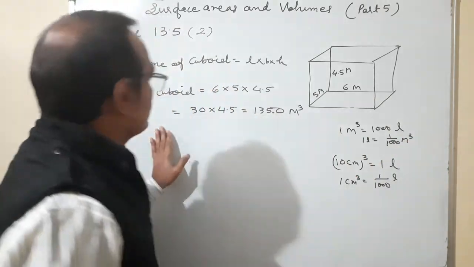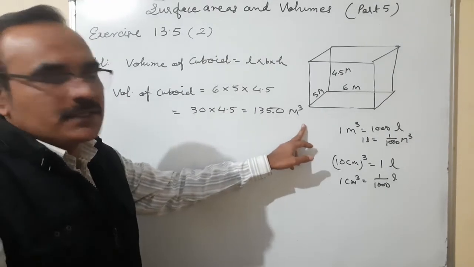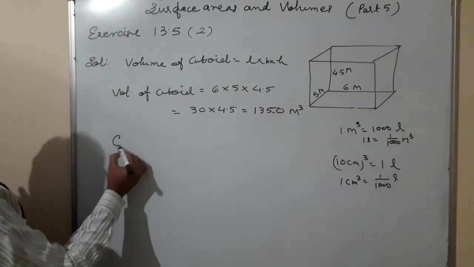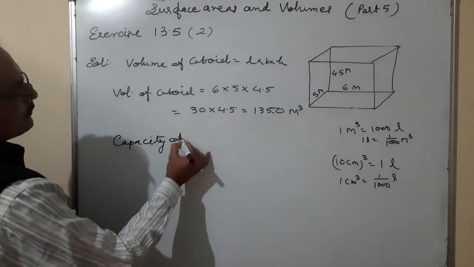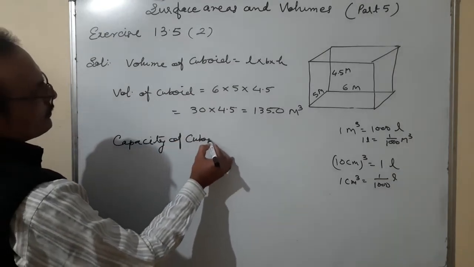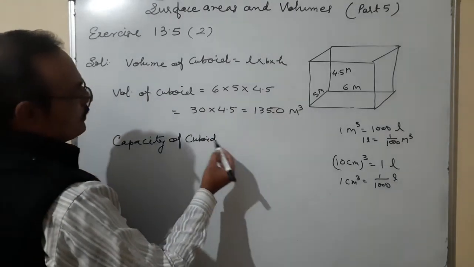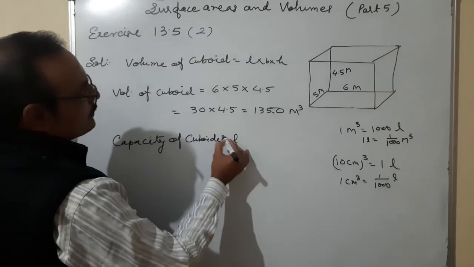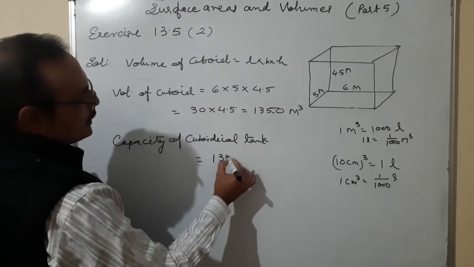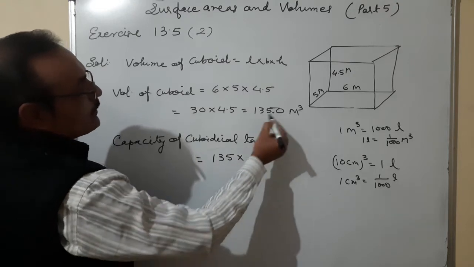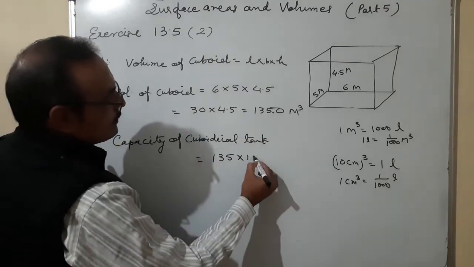So this is coming 135 meter cube, and we are going to find the capacity of the cuboidal tank. It is equal to 135 multiplied by 1000, since we convert from meter cube to liter.